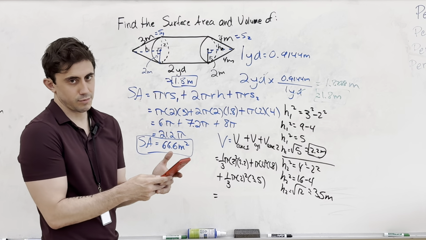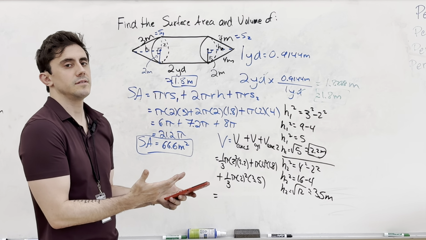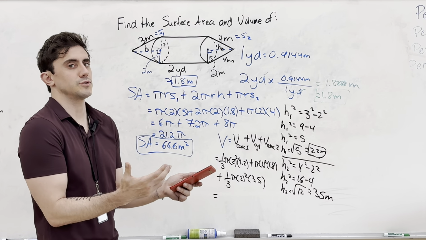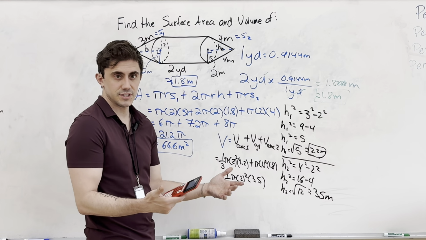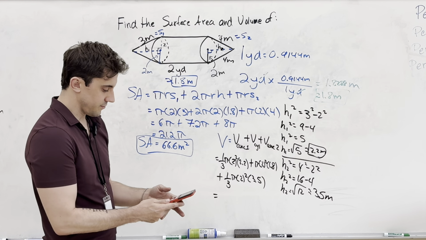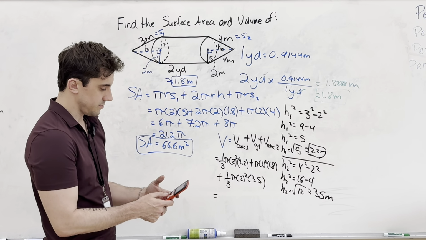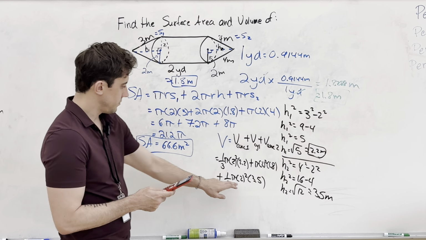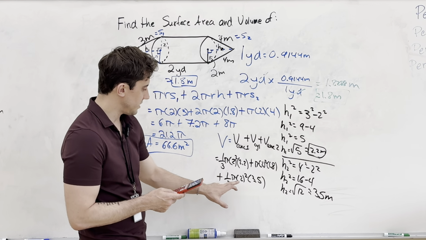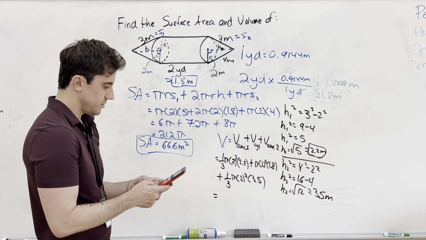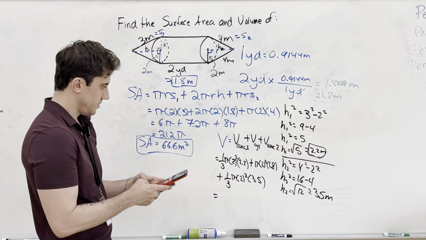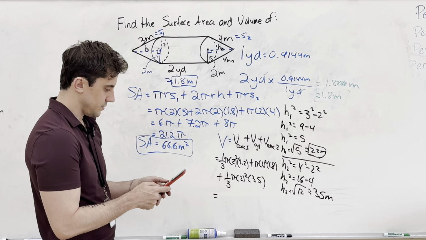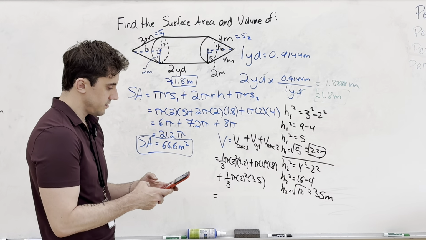I encourage you to try to plug this into your calculator all in one step, in one fell swoop, just to practice your efficiency. And finally, for that third segment, we'll have 2 squared is 4 times 3.5 times pi divided by 3. So 4 times 3.5 times pi divided by 3.